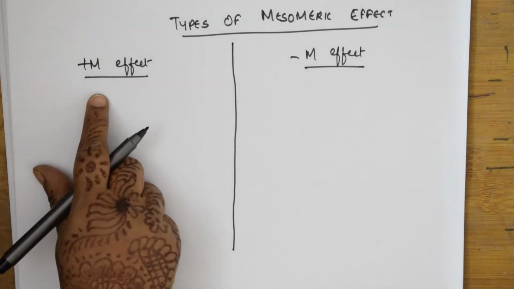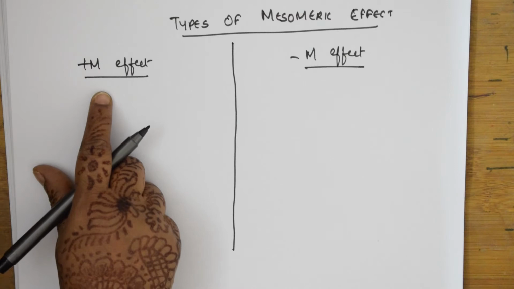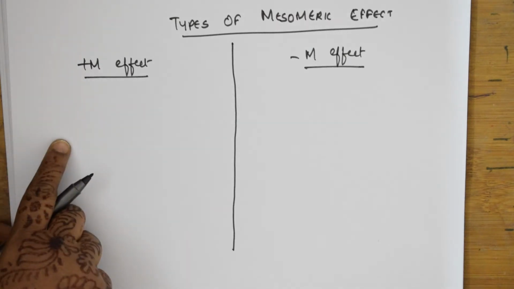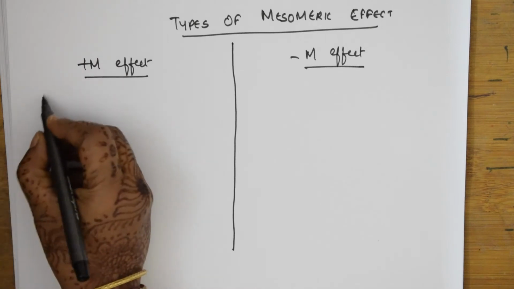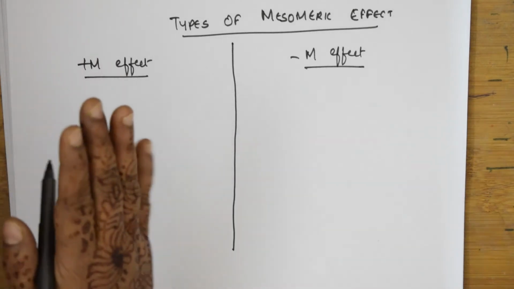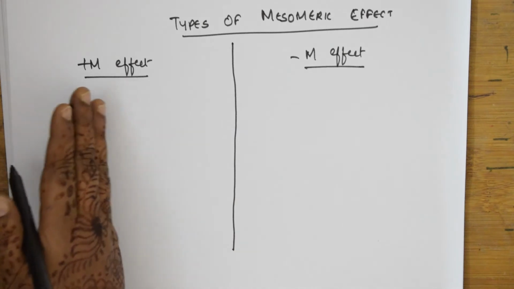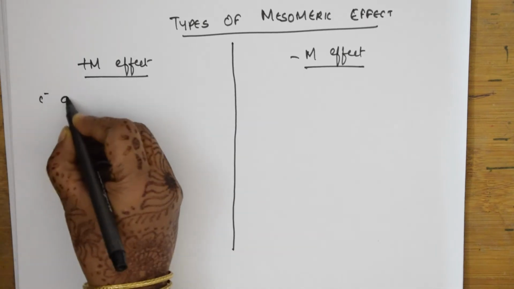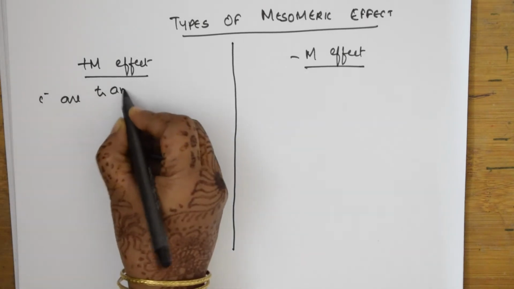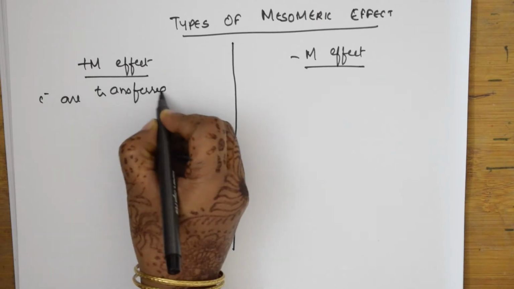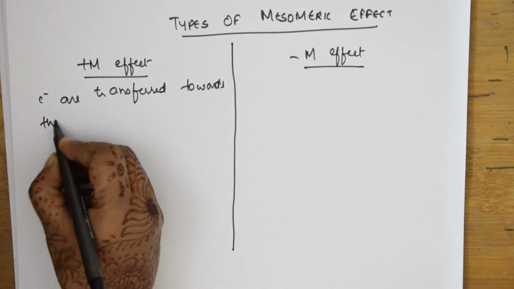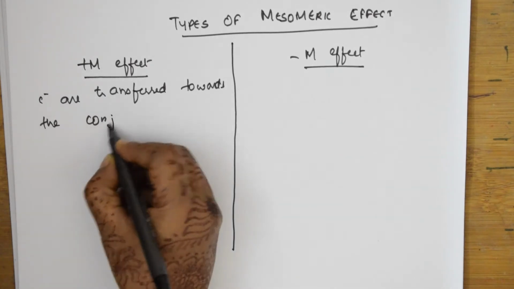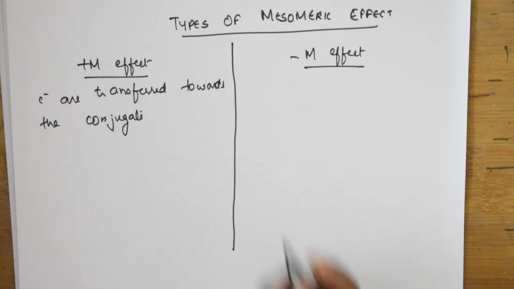So in plus M effect, what is going to happen? The electrons are transferred towards the conjugated systems. By whom? By electron releasing groups. Once again, I said there is complete transfer, but here, important, in plus M effect, electrons are transferred towards the conjugate system, where, what are conjugate systems?